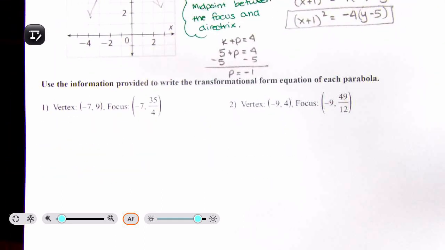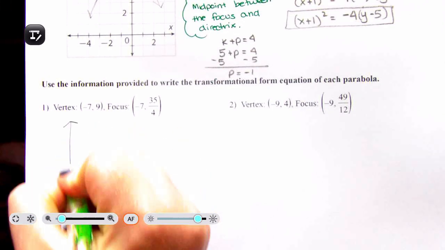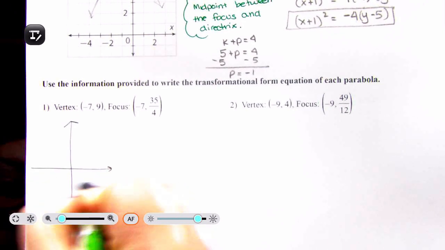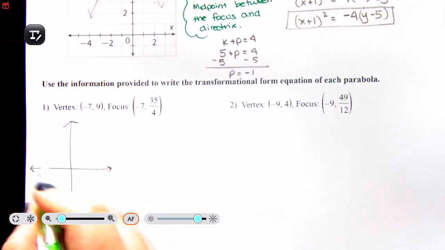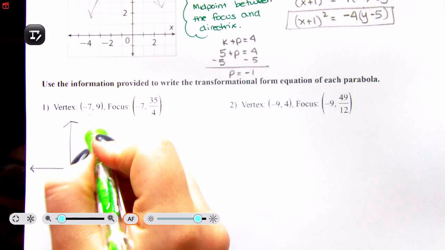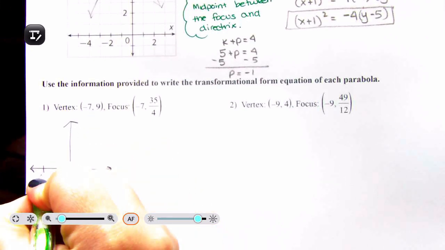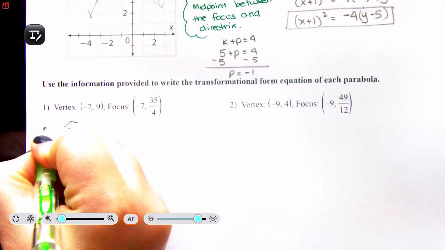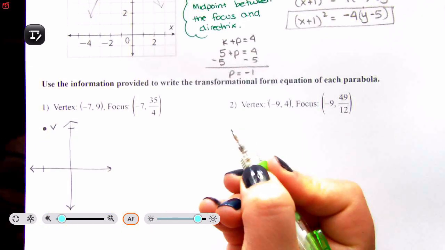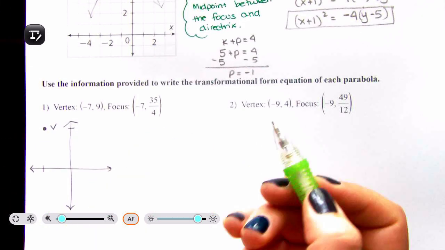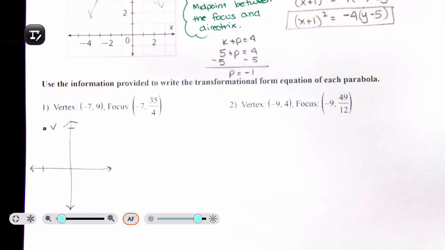So vertex, focus. Again, I don't know what this looks like, so I have to sketch it out. It doesn't have to be anything fancy. Don't even label stuff. So -7, 9: -7 is here, 9 is here-ish. That's your vertex. Then we have -7, 35/4. Round that out.